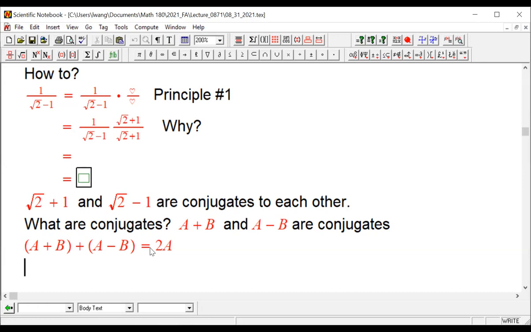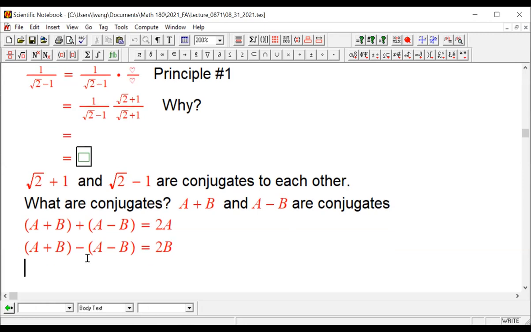What if you subtract them? You have two quantities, right? This is your algebra. What do you get? 2B. That's right. You get 2B. You get to see this. This is going to be used in the future.